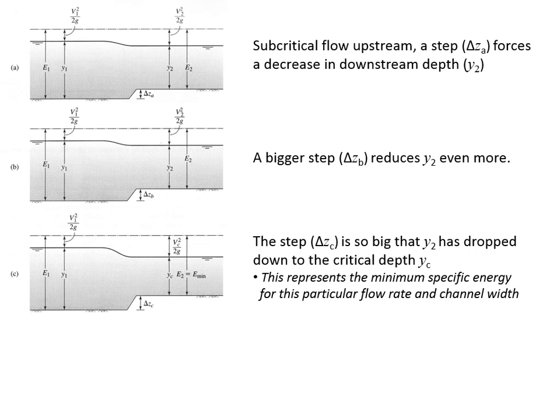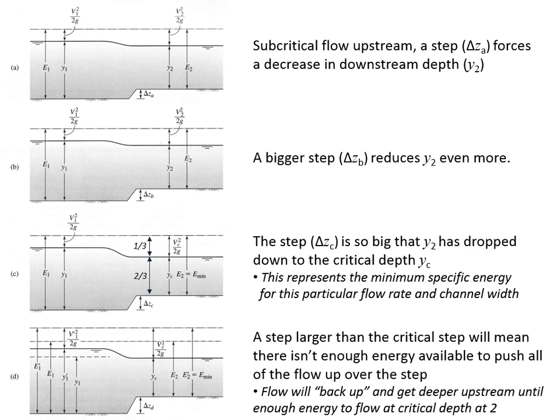And remember that specific energy is energy measured above the bottom of the channel. And so there are a couple of things that we know about flow at the critical depth: when we've got critical conditions, the depth is 2/3 of the total specific energy, and the velocity head is 1/3 of the specific energy.